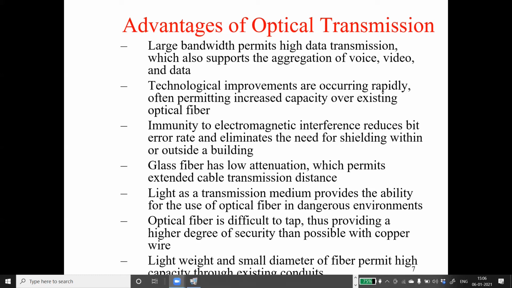That means there is no conversion from optical to electrical or electrical to optical, but the input is optical, the processing is done on an optical signal, and you get an optical output. Only then will we be able to have a complete optical network which will give you increased capacity and let us use the whole capacity of an optical fiber.